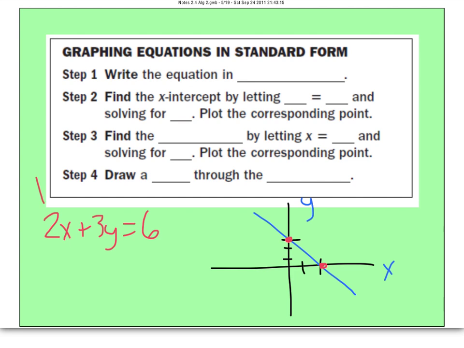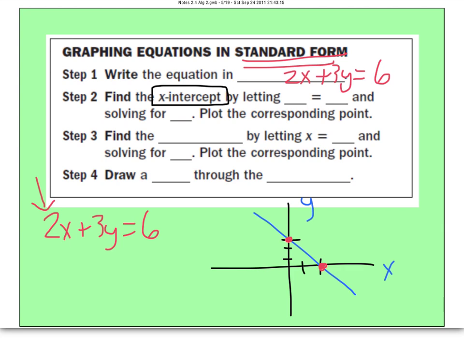Let's say they gave us this equation here. Now, the graph to my right here is not for this particular equation. It's just to help you with x-intercept, y-intercept. So first of all, the equation will be in standard format. What you're first going to do is find the x-intercept. Look at this graph here.